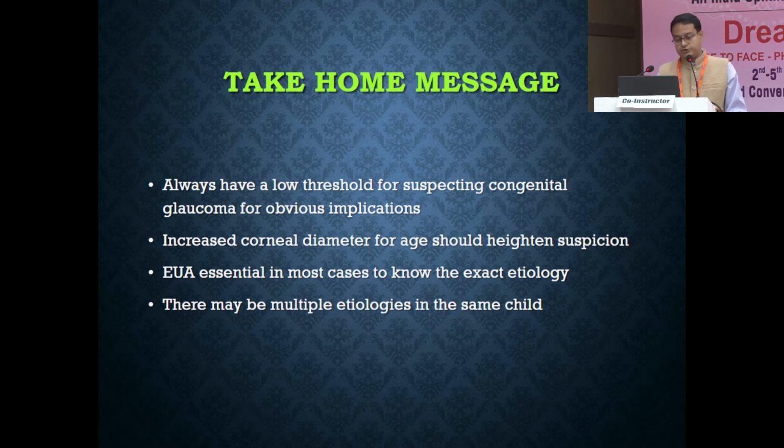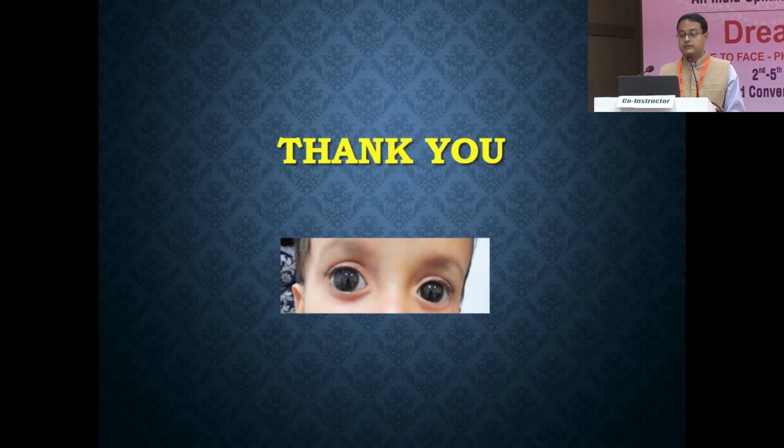So EUA is essential in most cases to know the exact etiology, and the IOP should be measured as soon as we do the EUA, and the corneal diameter should be measured, and the fundus should be evaluated, and all the mimickers we should keep in mind before we diagnose it as a case of primary congenital glaucoma. And we should also remember that there may be multiple etiologies in the same child, and those have to be identified before we take the child for surgery.